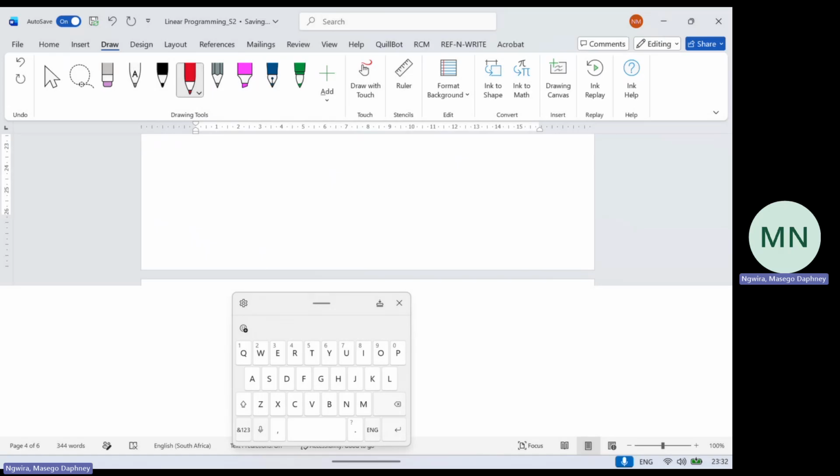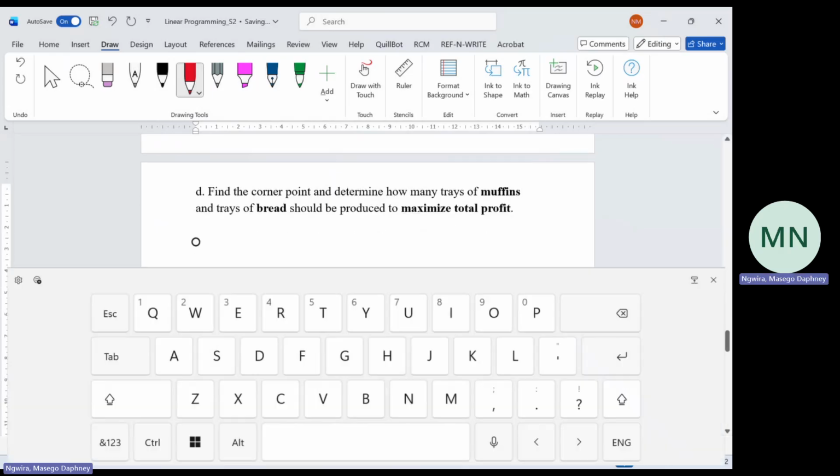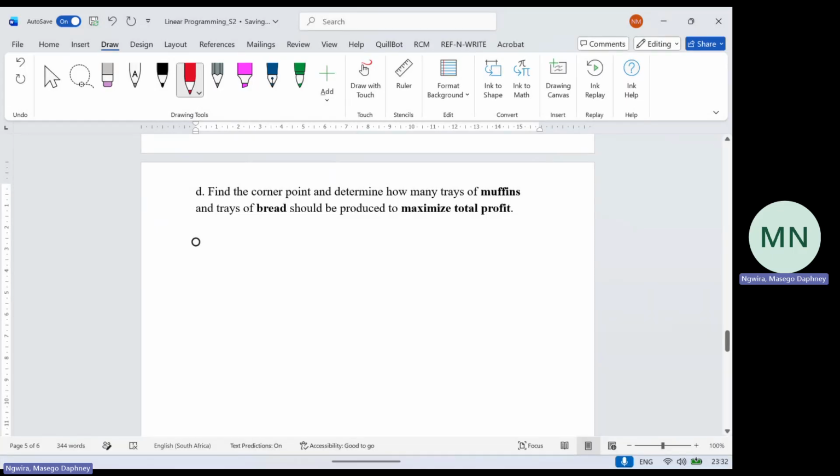Point of intersection. To solve for the point of intersection, we use simultaneous. We solve it simultaneously. Simultaneous. Don't worry, you're going to get it.